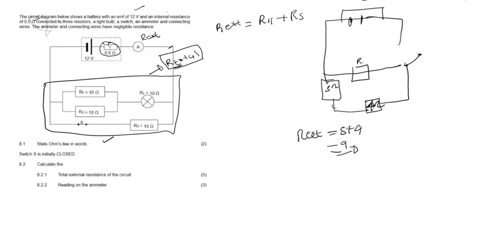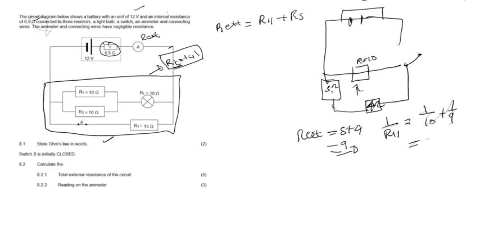Now, if you have a parallel resistor, maybe this is 10. You combine this 10 plus 4 because they're in series. You combine 5 and 4 to get 9, then you introduce the parallel, because these two are parallel to this 10.